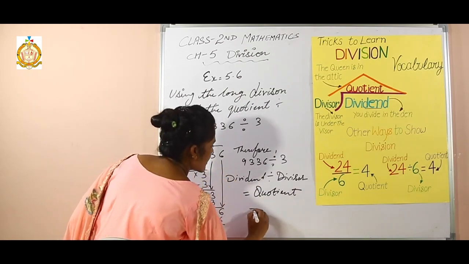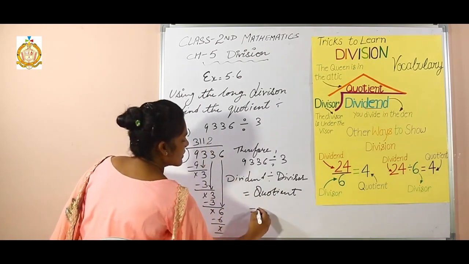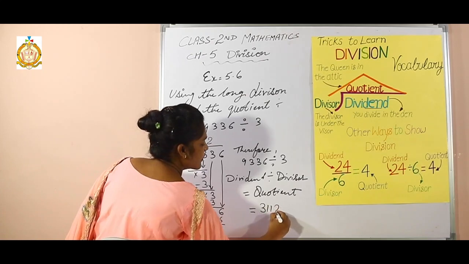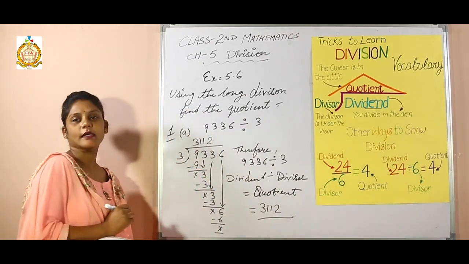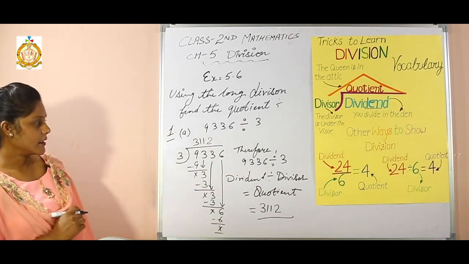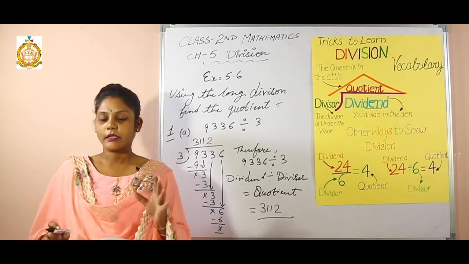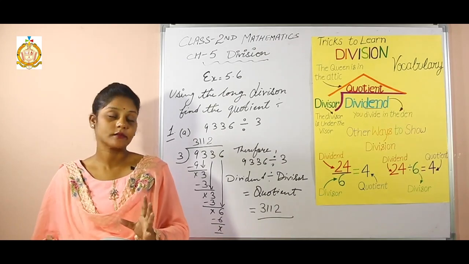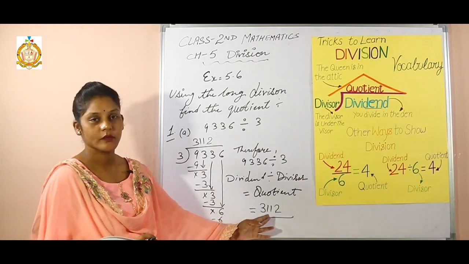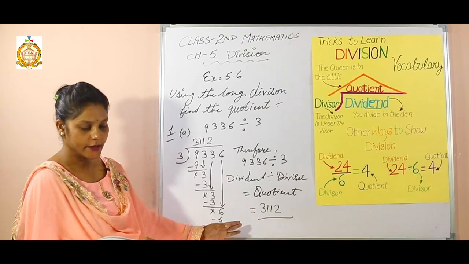So what is the quotient? The quotient is 3112. That is the answer. Clear, students? In this exercise you should write only the quotient. So this is the quotient that I write here.